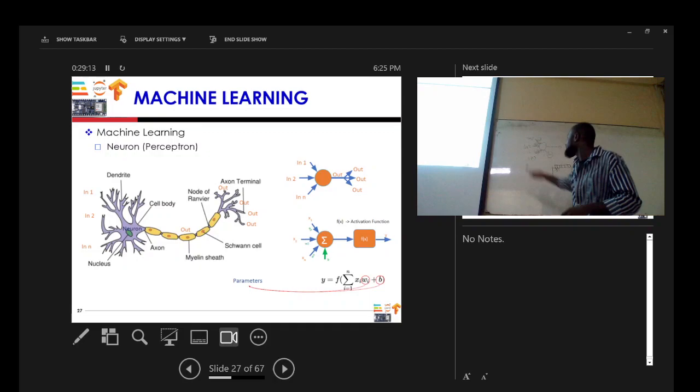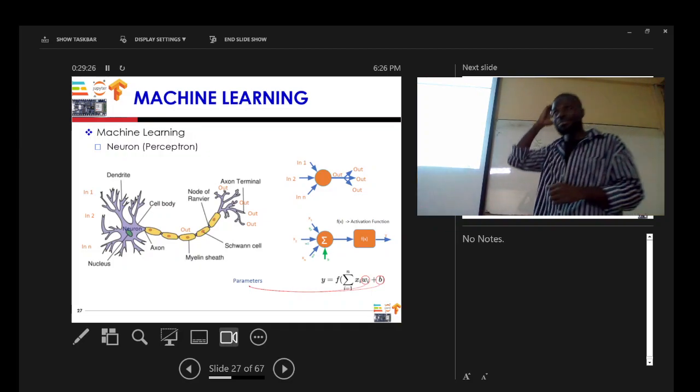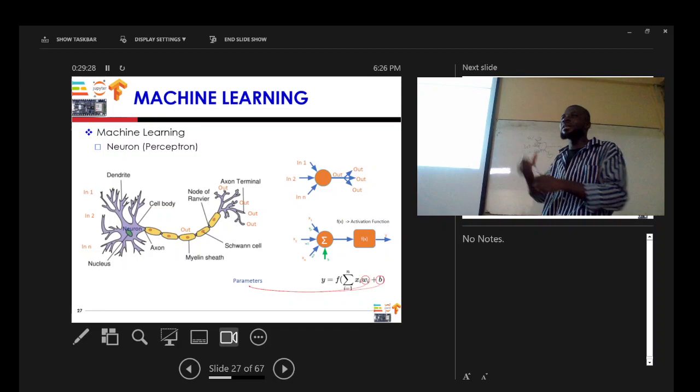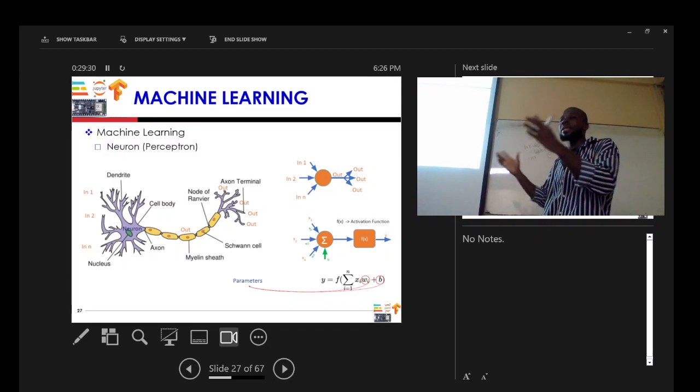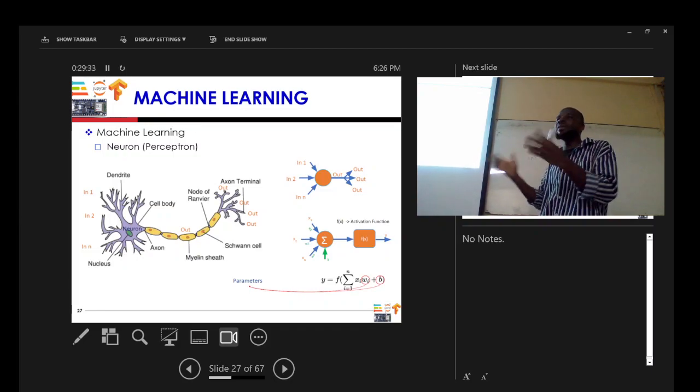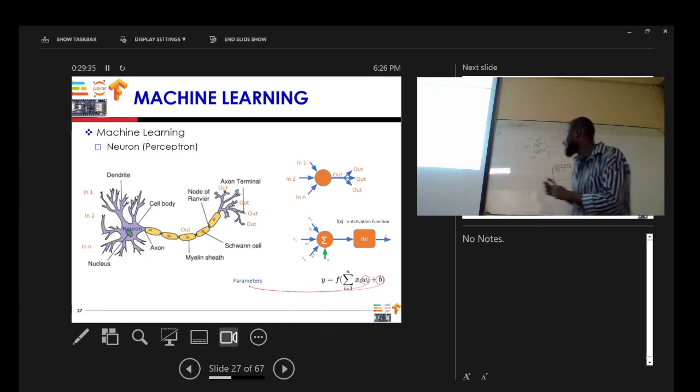So this input here, we have so many pixels, and we are feeding all of this through the input. Now, this weight will determine how important the pixel is. Understood? Is this pixel important in determining if that image is a cat or a dog? So these are the weights.